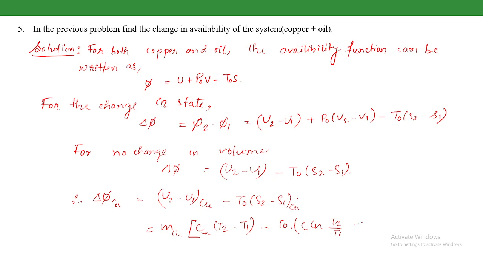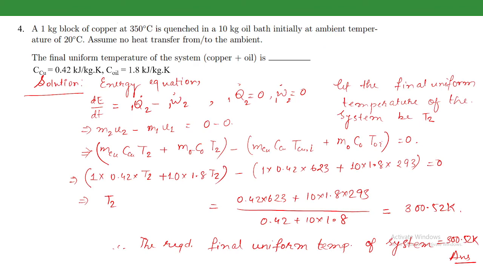Now there is no change in the pressure as well, so this will be 0. T2 is the common temperature that we have initially found out, 300.52 Kelvin.